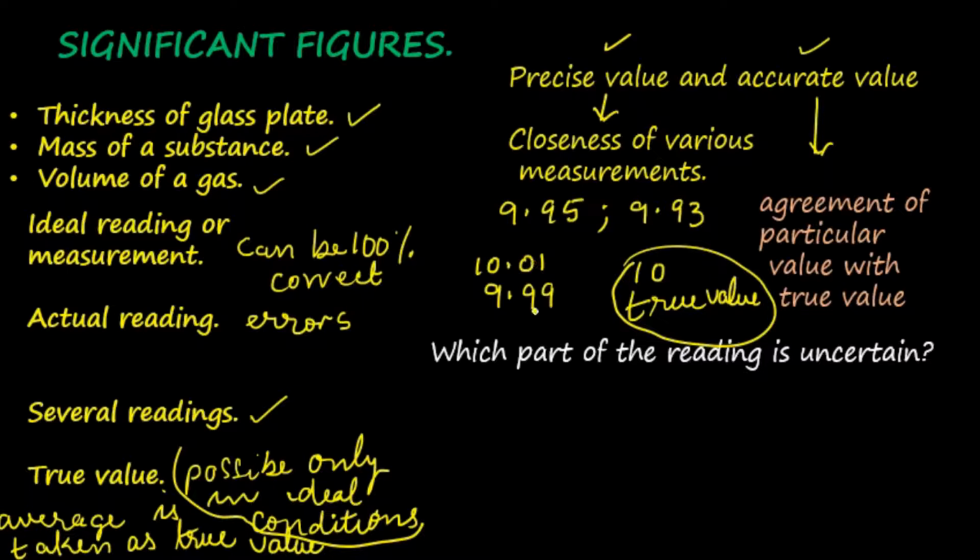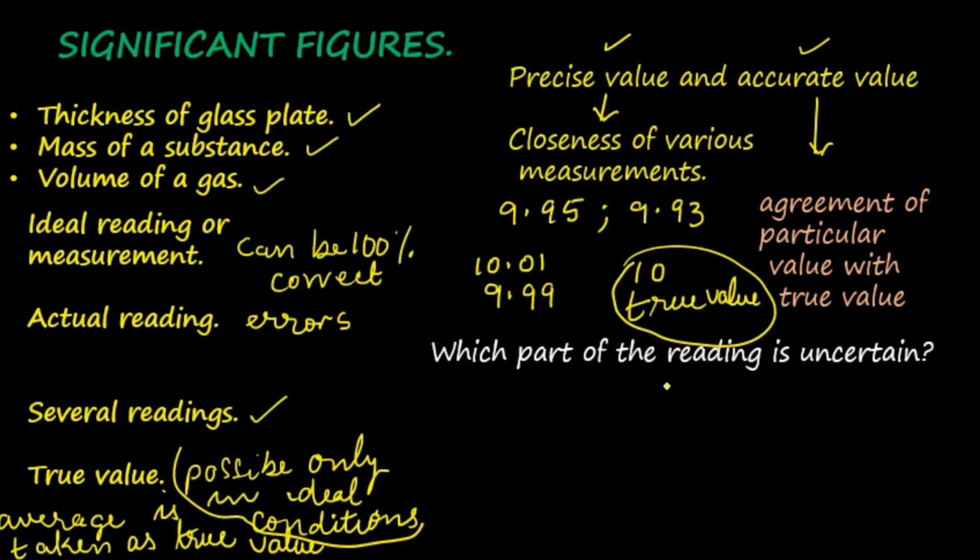The two values are close and it also agrees with the true value, so it is accurate. So the values are precise and accurate. Some values may be neither precise nor accurate. That is, there may not be closeness of the various measurements that is taken and its average may not agree with the true value.